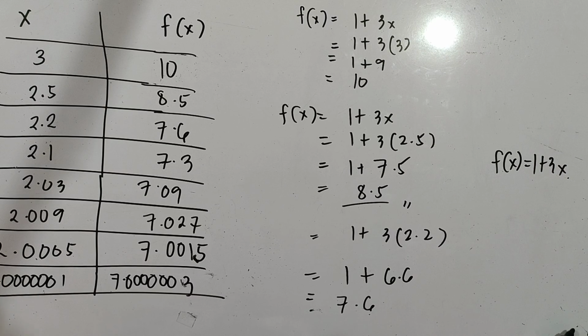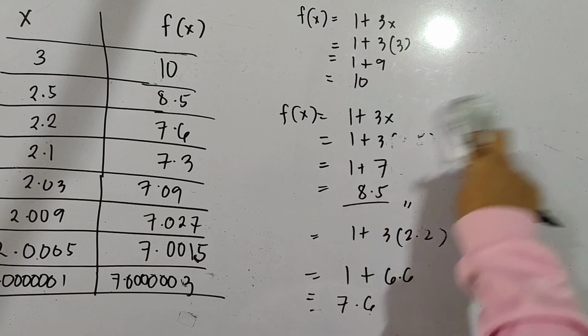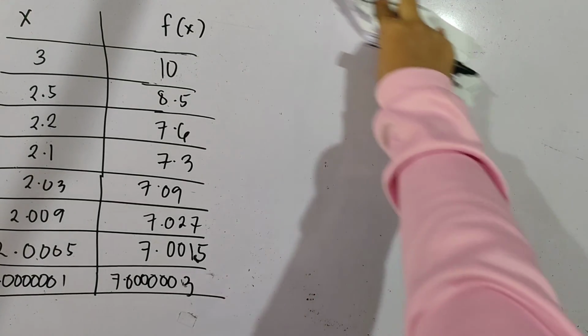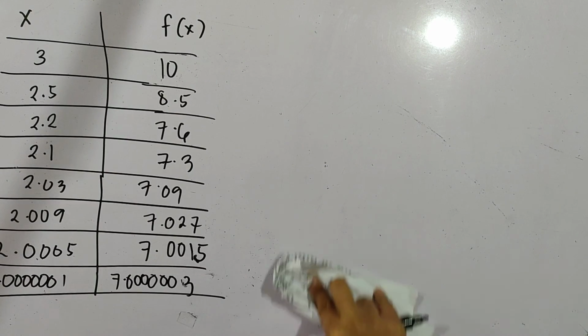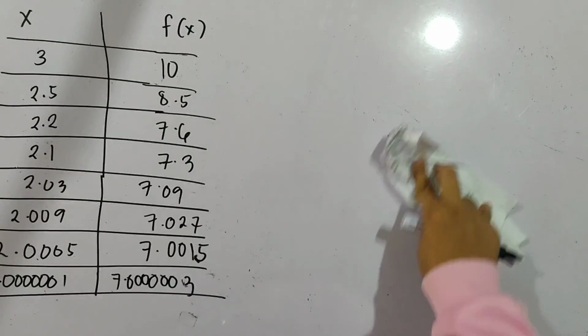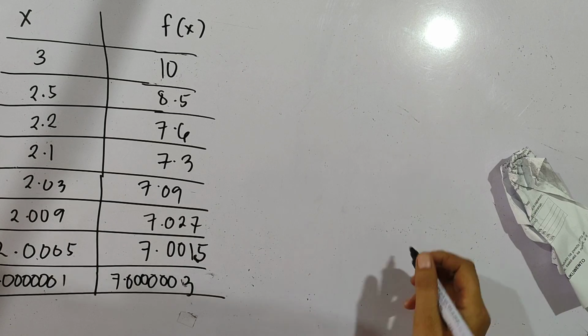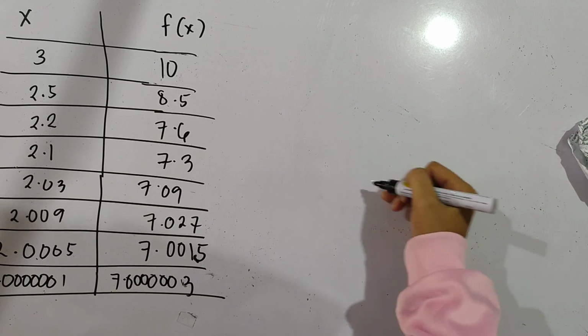if we will find the value of our limits without these tables, para dali lang, let us solve without using tables or approaching left and right. All we need to do is substitute the value of our x.